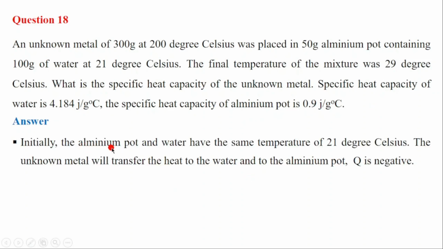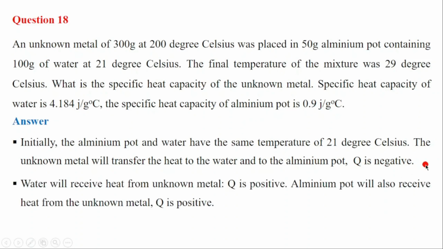Initially, the aluminum pot and water have the same temperature of 21 degrees Celsius. So the unknown metal will transfer heat to the water and to the aluminum pot. Water will receive heat from the unknown metal, so Q is positive. The aluminum pot will also receive heat from the unknown metal, so Q will be positive.